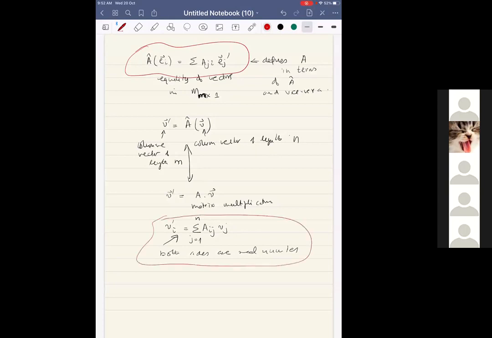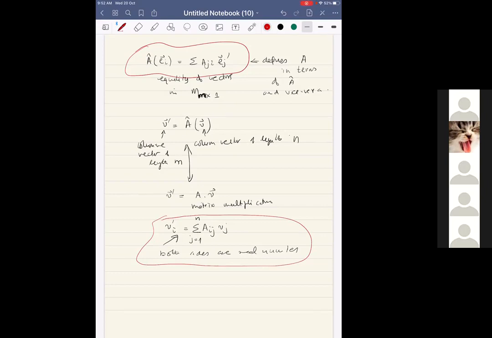Note that in the second equation the sum is over the second index, and in the first the sum is over the first index. I don't know if this helps. I have also explained this in the notes, so you can stare at it there.